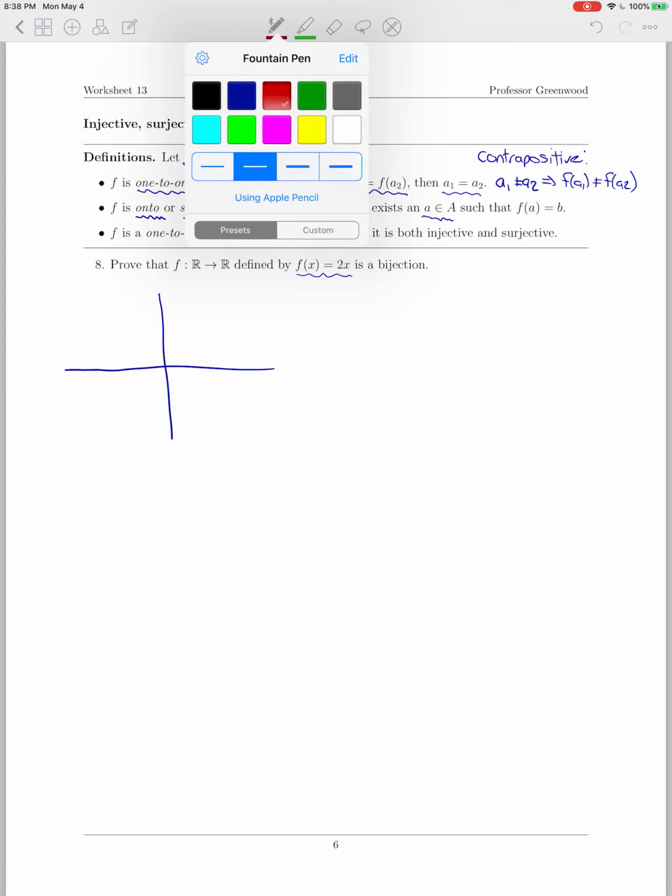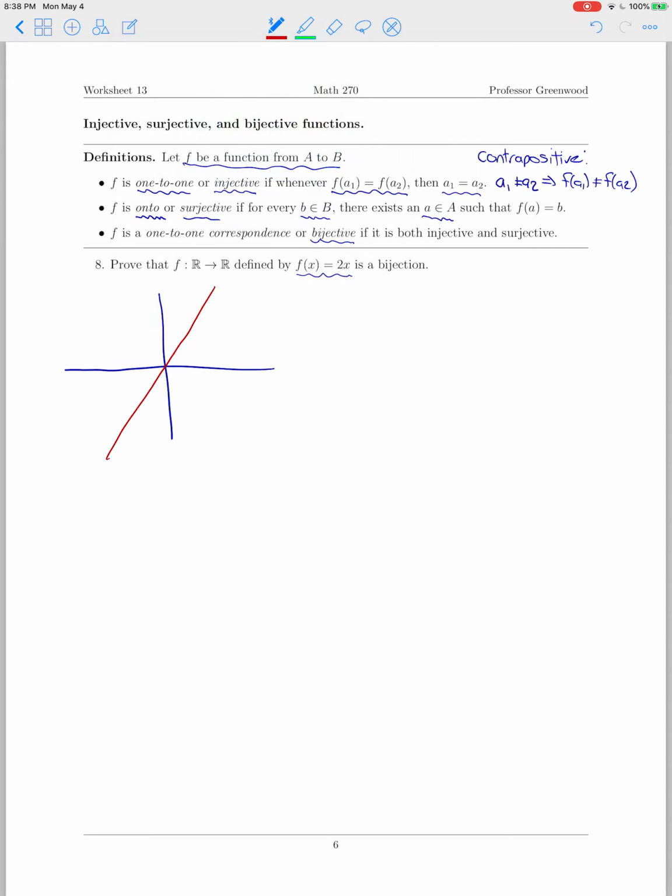If I draw this function, which is just the line with slope 2, then surjective in particular just means that everything on the y-axis has a corresponding value where it's hit. In other words, for every y value here, I could go over and I can find somewhere on the function where it hits. Injective means that a function value is never hit more than once.